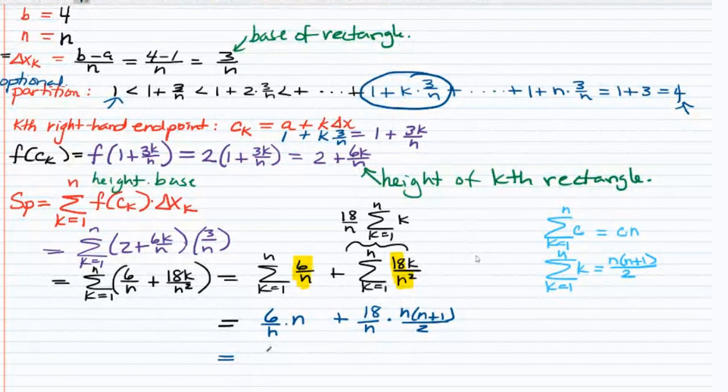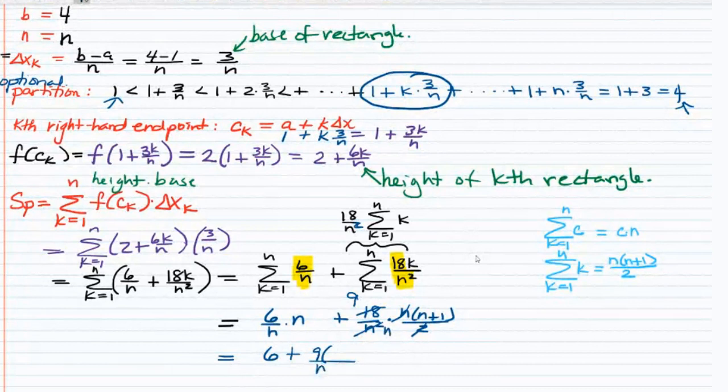So 6 over n times n is just 6. And then 18 over n squared, the n is going to cancel with the n in the numerator, and the 2 is going to go into 18 9 times. So we're going to have 6 plus 9 times... Oops, I forgot. There was supposed to be an n squared here, not an n. My bad. All right, so one of the n's cancels.